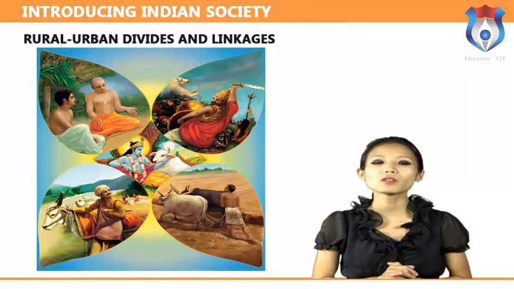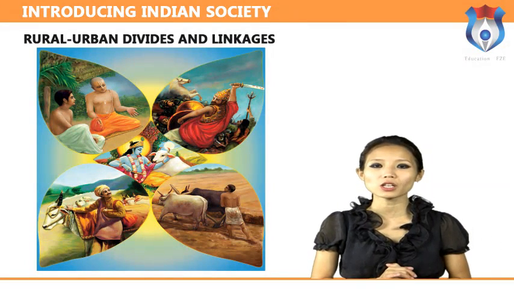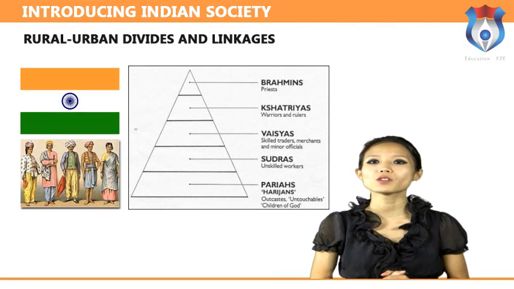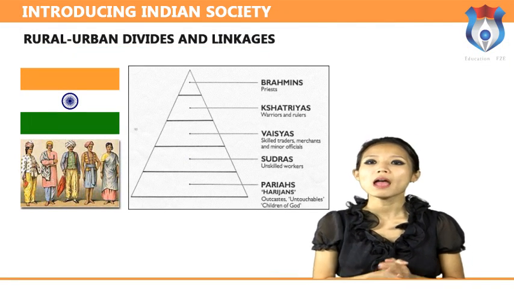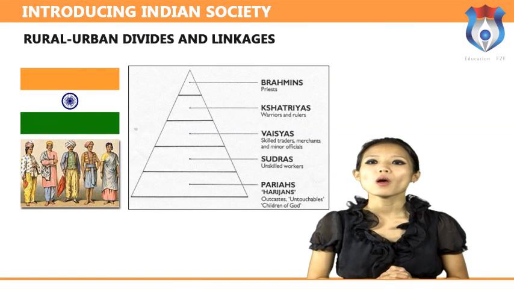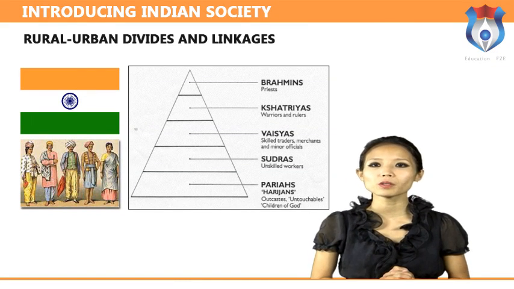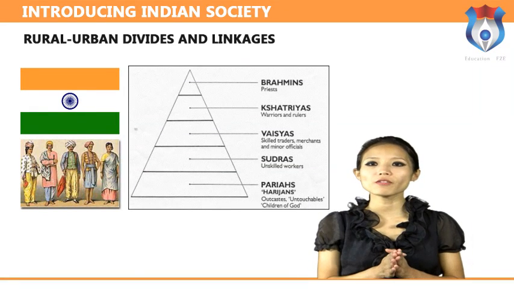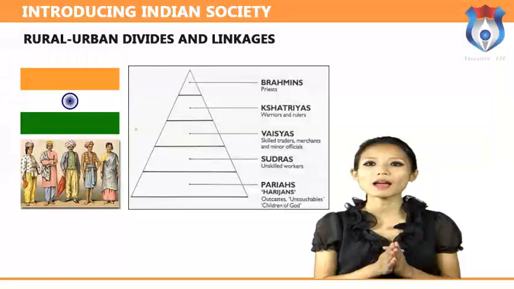It is the main form of social stratification in village life even today. Jajmani system. It refers to a system of social, cultural and economic ties between different caste families. Each village was divided into two broader groups, jajmans and service provider castes. The service providers were usually paid in kind and or cash.